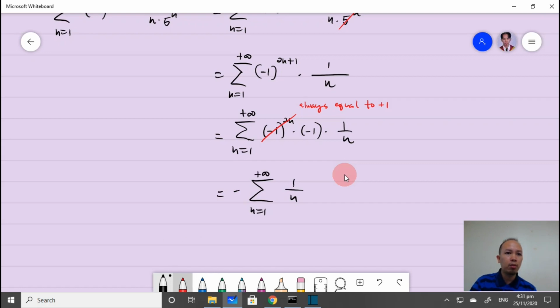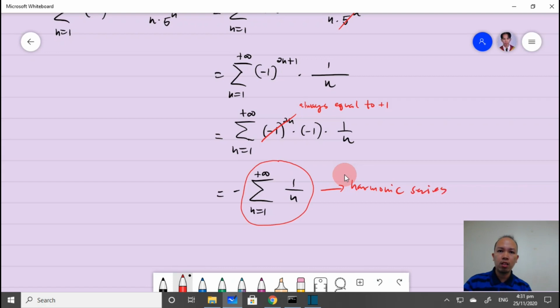And as you have noticed, this expression here, this is not alternating, this is a harmonic series, which is divergent.